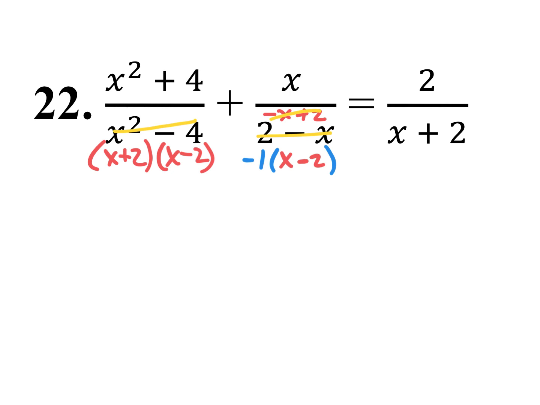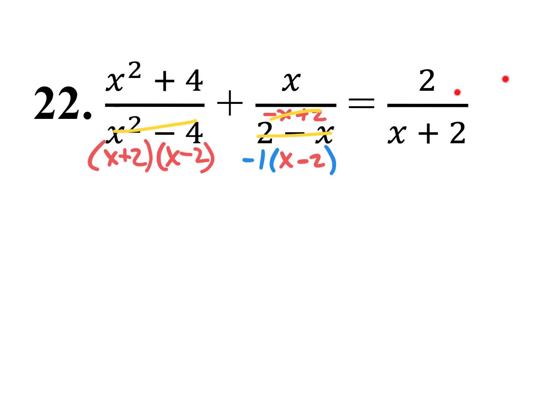Which one? How about this? Pick a fraction that you want me to get rid of. The first one? Okay, if I want to get rid of this first fraction, I'm going to have to multiply everything by the denominator of this fraction, which technically means both binomials, both binomials, both binomials.